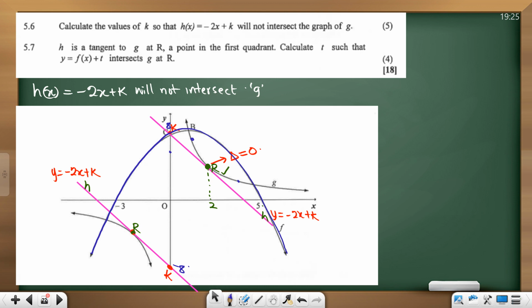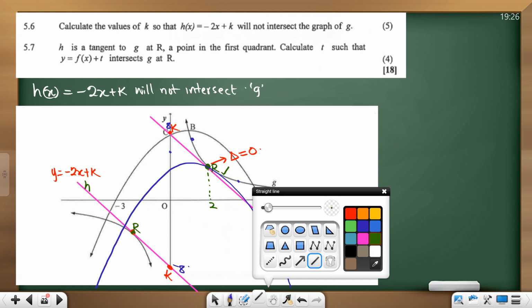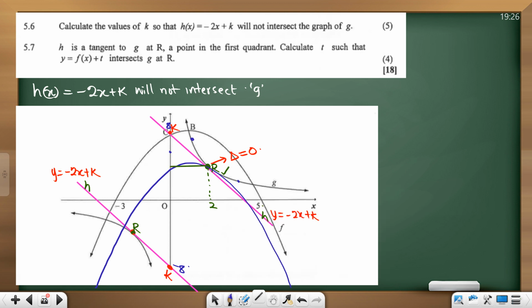For it to touch at R, this graph needs to come down. I know I'm going above your head right now, but you need to go down about how many units? Check. That is what I need to calculate.